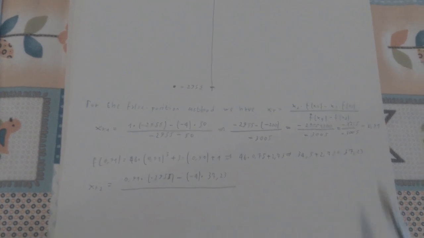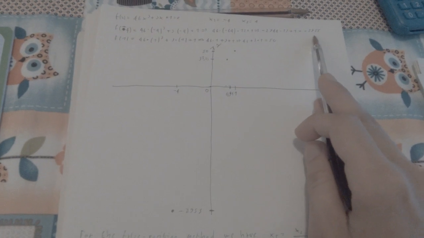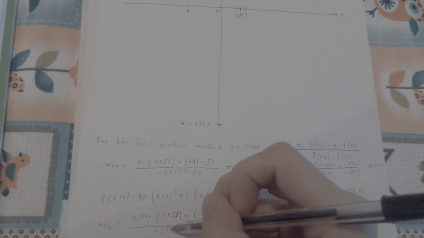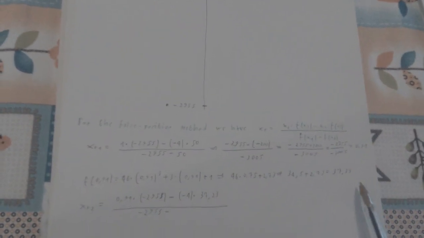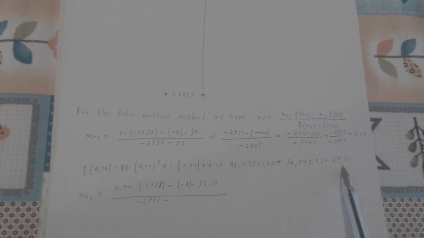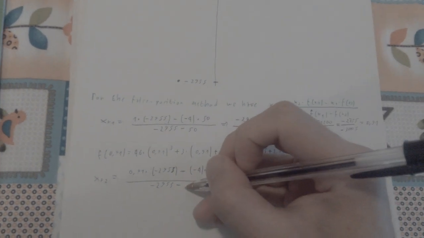Everything over f of x1 minus f of x2. So f of x1, negative 2,955, minus f of x2, so 37.23.